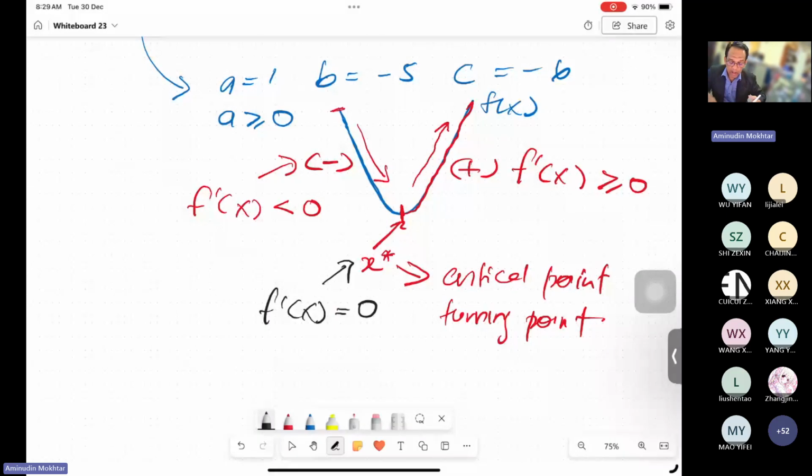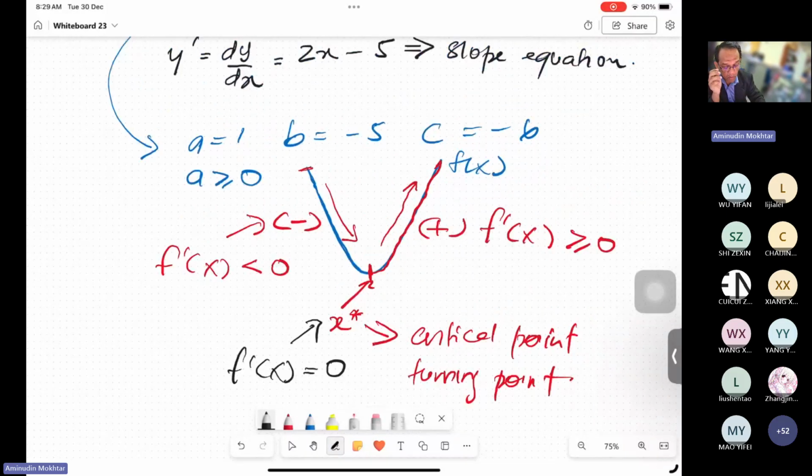What is the value of x? We want to identify the range, the area where the graph has a positive slope, and the area where the graph has a negative slope.